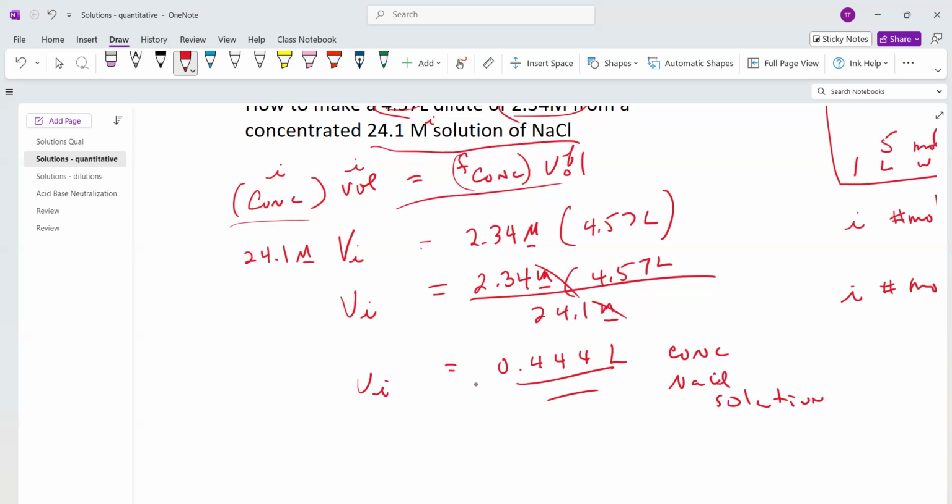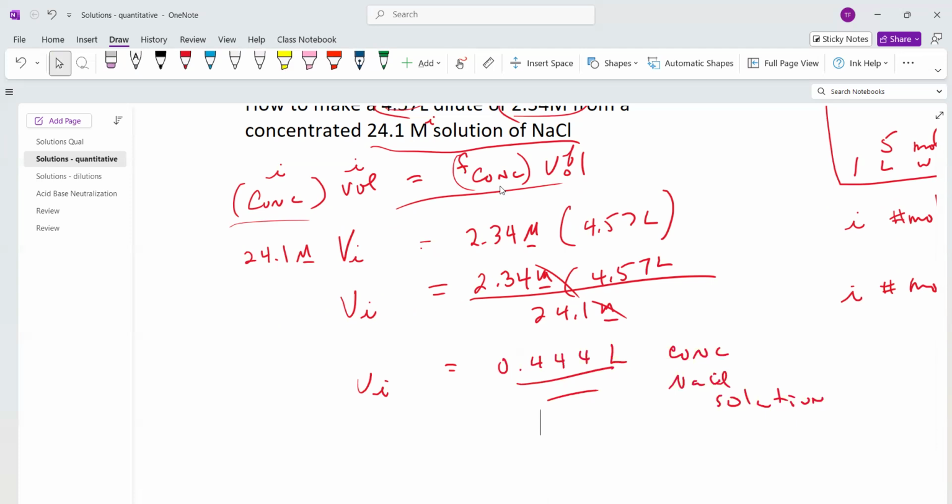So we need 0.44 liters of the concentrated stuff. Now, our final volume, though, isn't 0.44, it is 4.57.